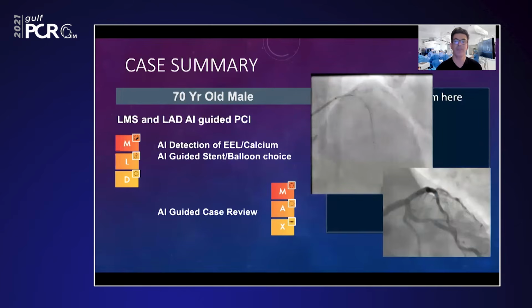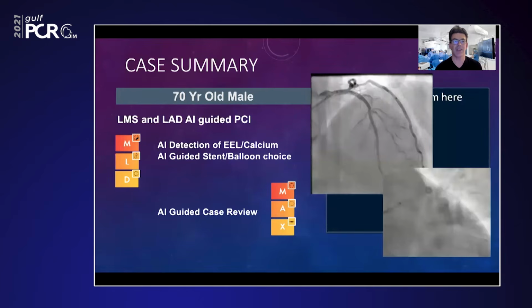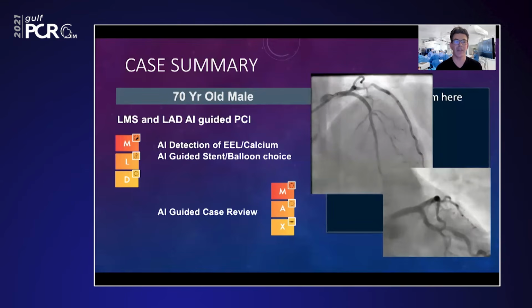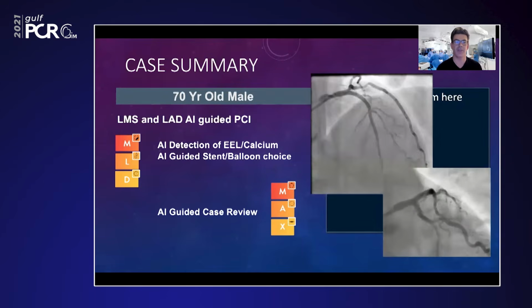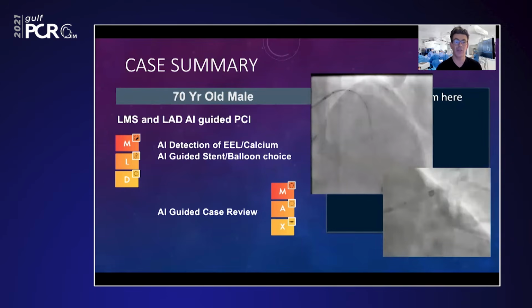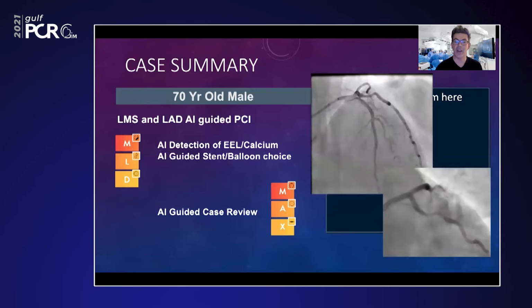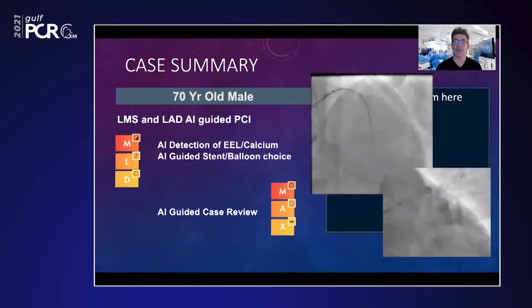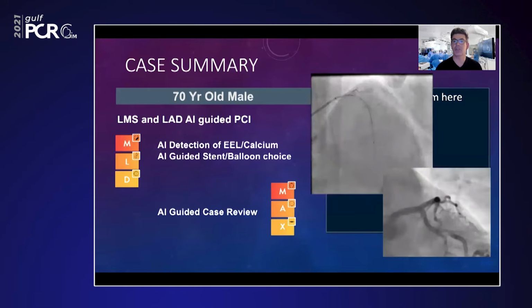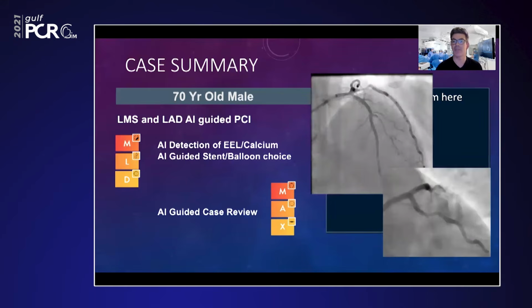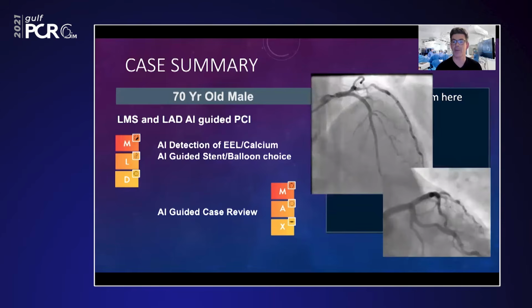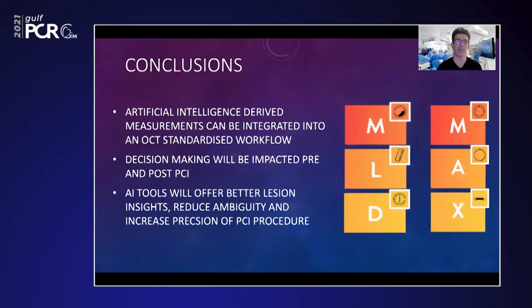So in summary, this case shows that the left main stem and the LAD can be stented using artificial intelligence guided measurements. You can use AI to detect EEL and calcium, and it can guide your stent and balloon choice. And it enables you to go through the review process, the MAPS component of the algorithm, with a very high degree of efficiency and accuracy.